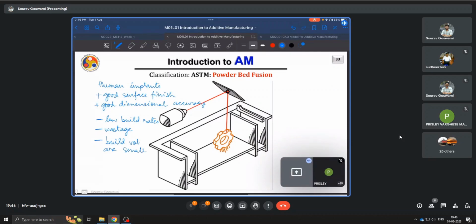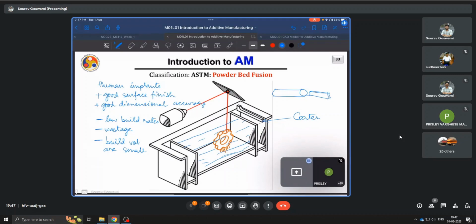In this case, somewhat similar to wet photopolymerization or even binder jetting, you already have a bed which has powder. When the previous layer is sintered, a new layer will come via this, say, coater. It can be a roller, or it might also have a more prismatic geometry.